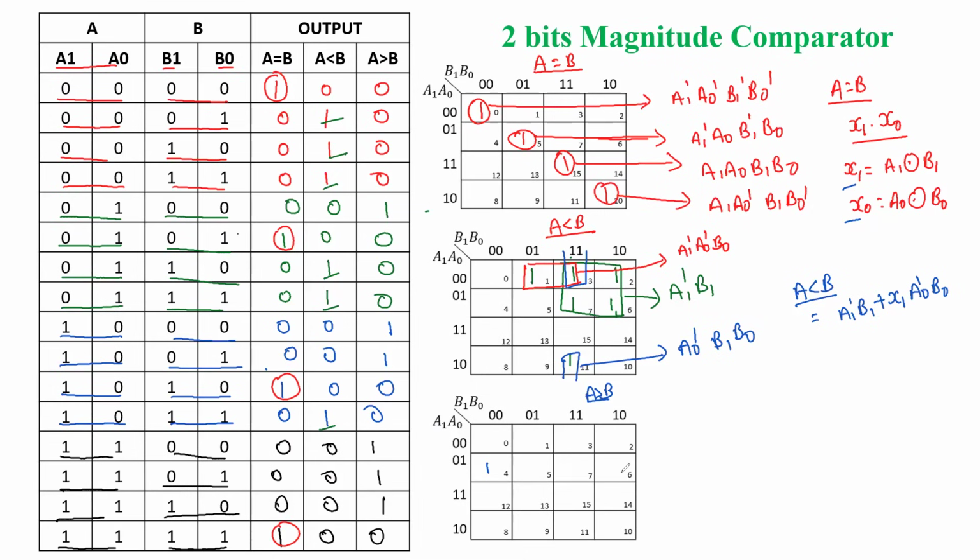And the remaining terms, again, we have to simplify here. Next, we have 1, 0, 0, 0, so this is again 1.